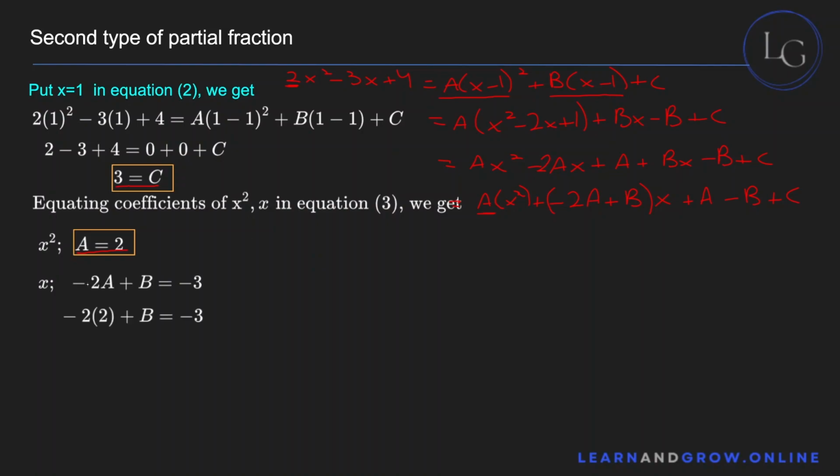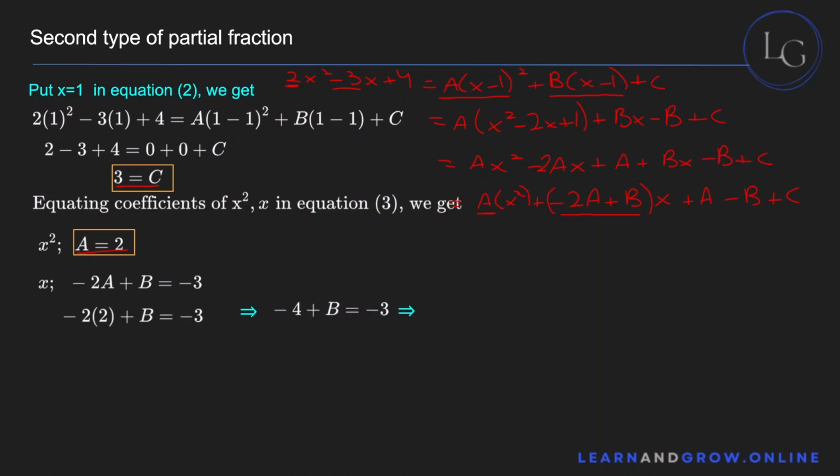Now, how will you get the value of b? Well, the coefficient of x on the right hand side is minus 2a plus b, and the coefficient of x on the left hand side is minus 3. So minus 2a plus b is equal to minus 3, obviously. And then you'll plug in the value of a you found here. So minus 2 into the value of a, which is 2, plus b is equal to minus 3.